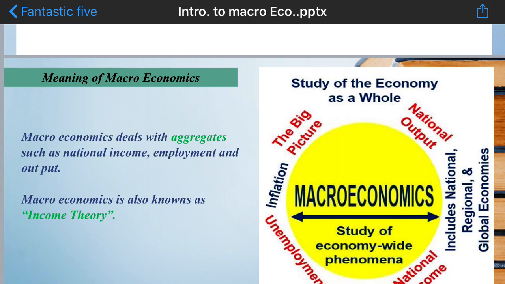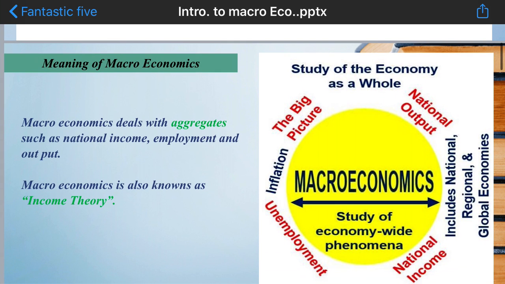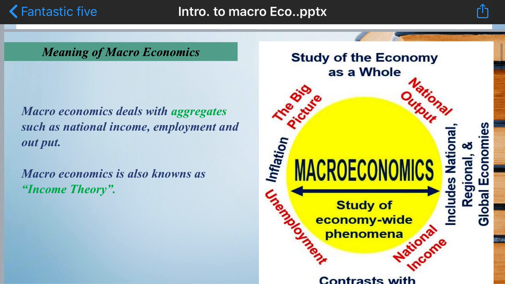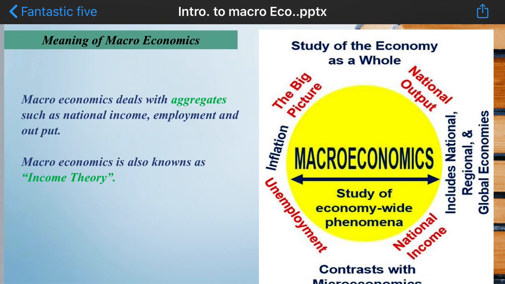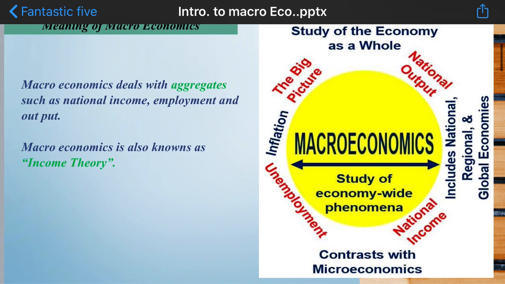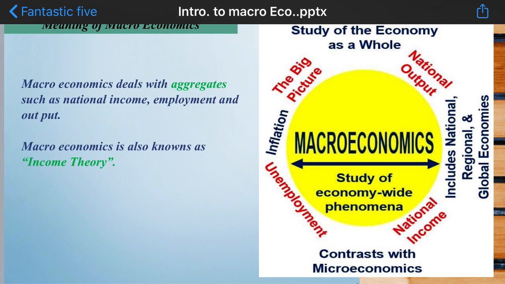Micro means we study small units, but in macroeconomics we study the entire economy of a country. It gives a bigger picture of our economy. We study national output, unemployment, national income. It includes national, regional and global economies. So macroeconomics means study of the economy in a wide phenomena.